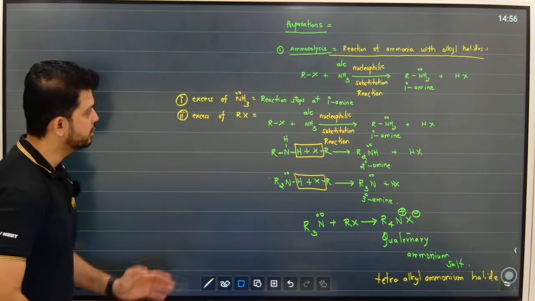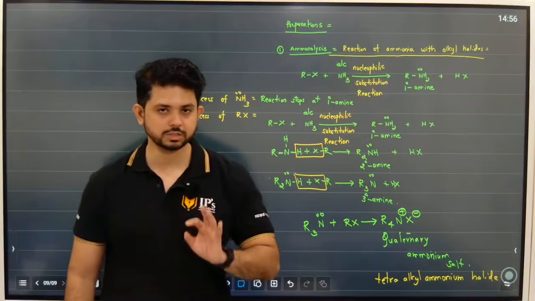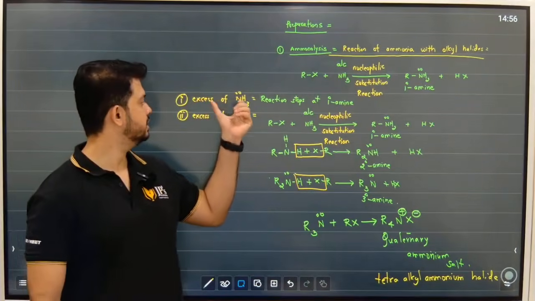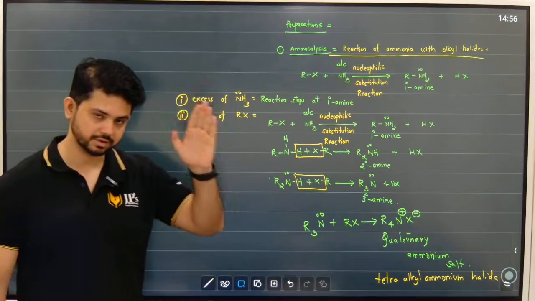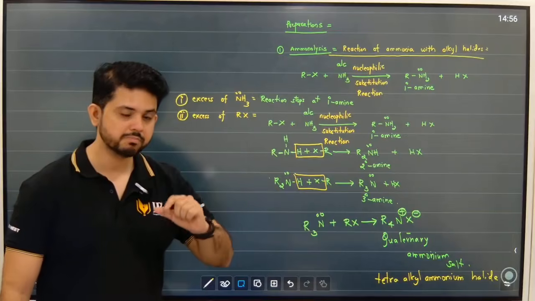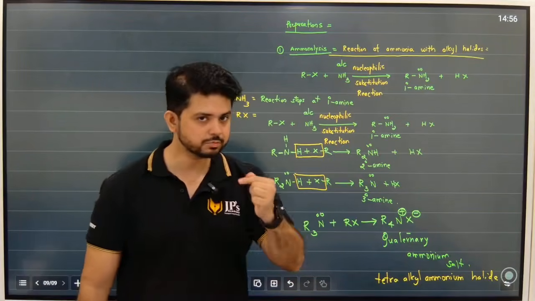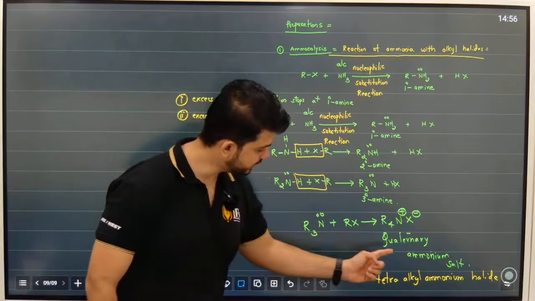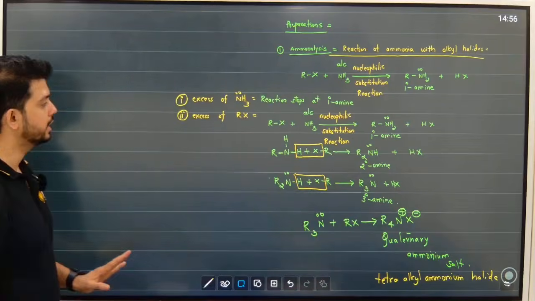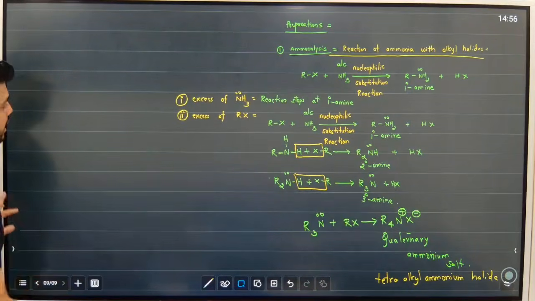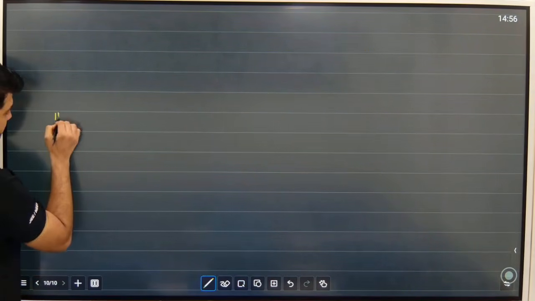So students, you have to remember two conditions. If in case ammonia is in excess, reaction will stop at primary amines. But if the alkyl halide is in excess, it keeps on going and eventually it ends at tetra alkyl ammonium halide. Now, एक और condition students हमें याद रखना है.